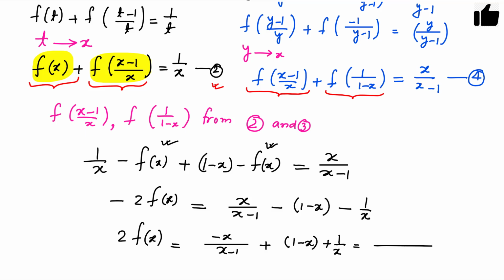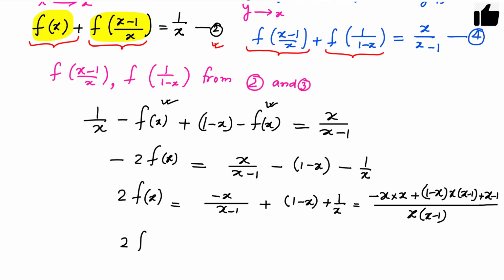Now take the LCM. So if you take the LCM, you will have x into x minus 1, and this is minus x into x, and this plus 1 minus x into x minus 1, and then finally we'll have plus x minus 1.